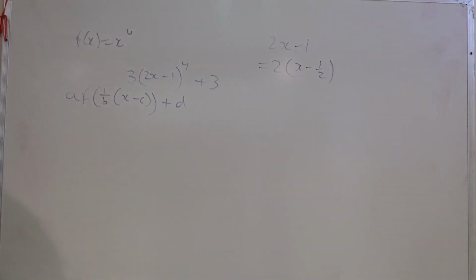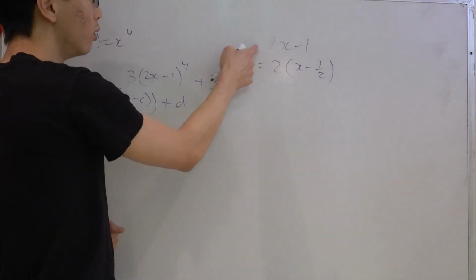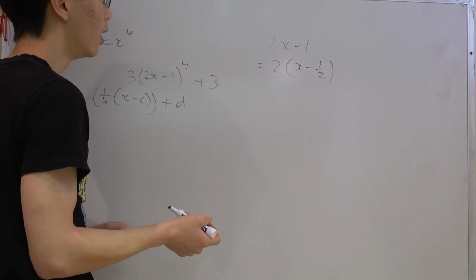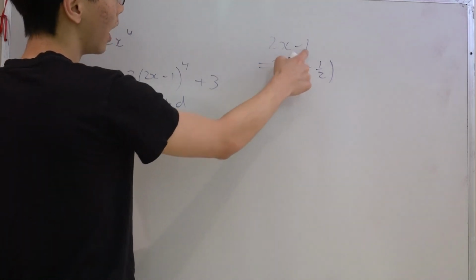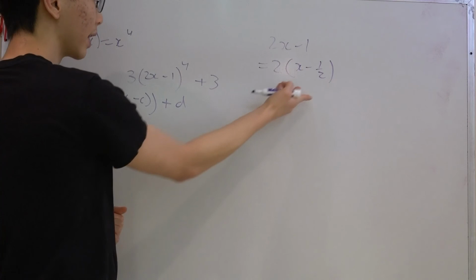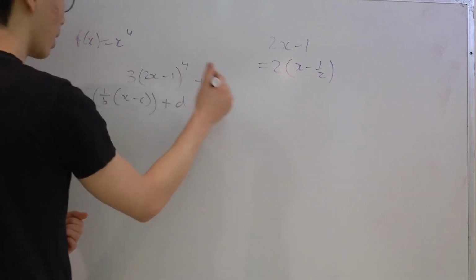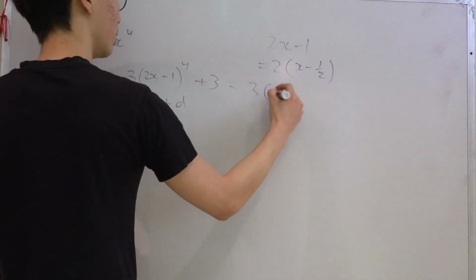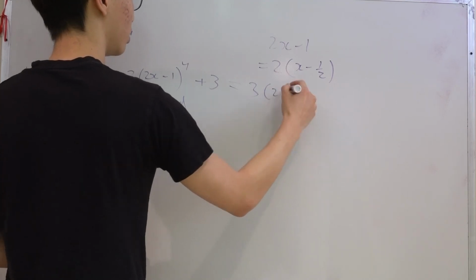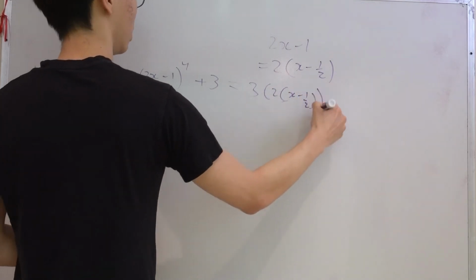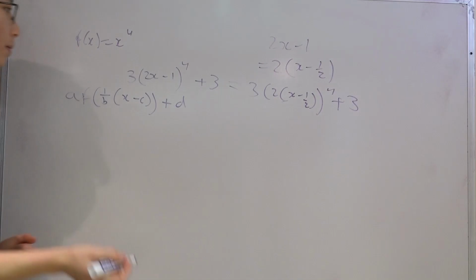All I'm doing is factoring out a 2 from both of these, so I divide this by 2, and I divide this by 2. And so I can rewrite my function as 3 times (2 times (x minus 1/2)) to the 4, plus 3.